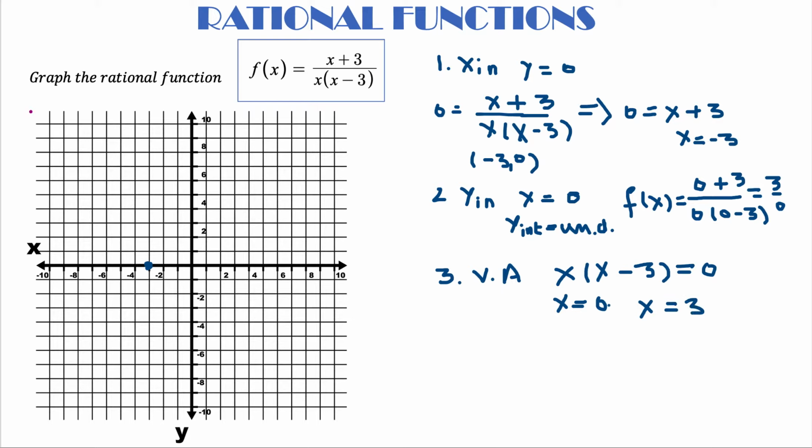So those are the asymptotes. Here one is the y-axis, a vertical asymptote, and the other is at 3. Let's say here is 2, here is 3. So let me draw the other vertical asymptote here. So this is the vertical asymptote.